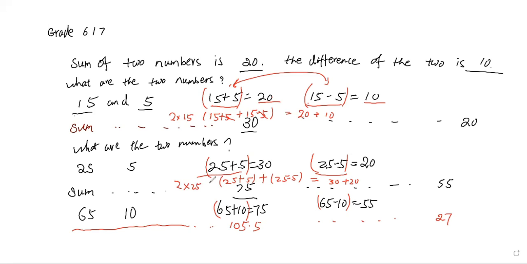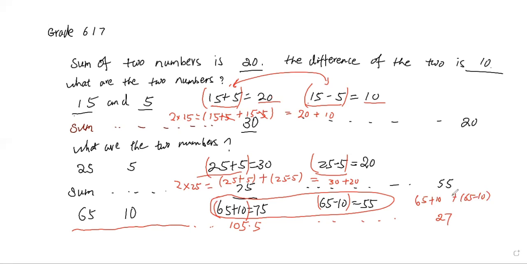Similarly, for this question, we use 65 plus 10 plus 65 minus 10.